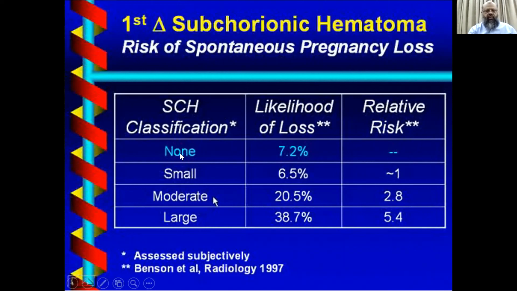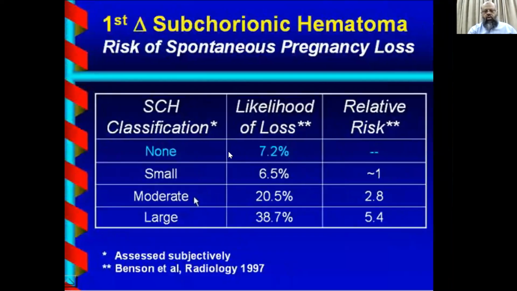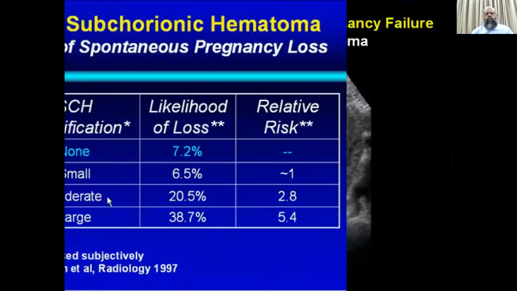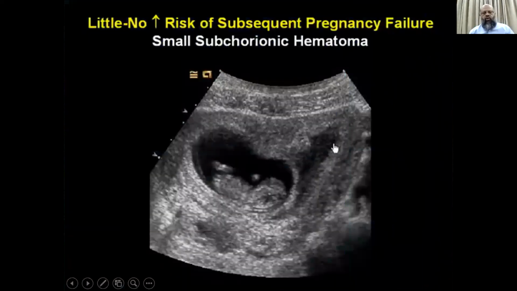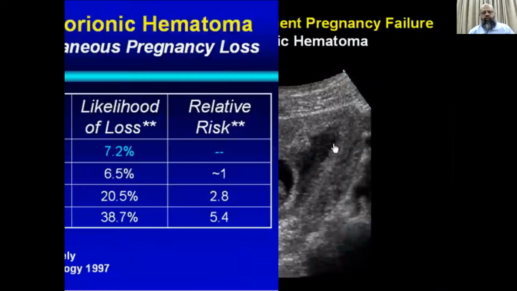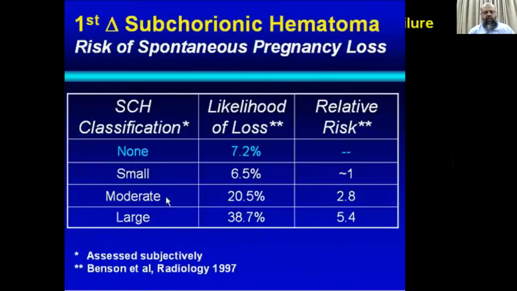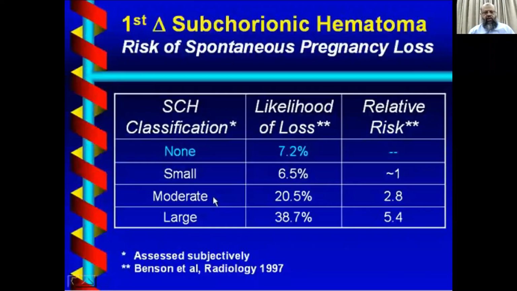If there is no subchorionic hematoma, there is a likelihood of loss of 7.2%, small 6.5%, moderate 20.5%, and large 38.7%.